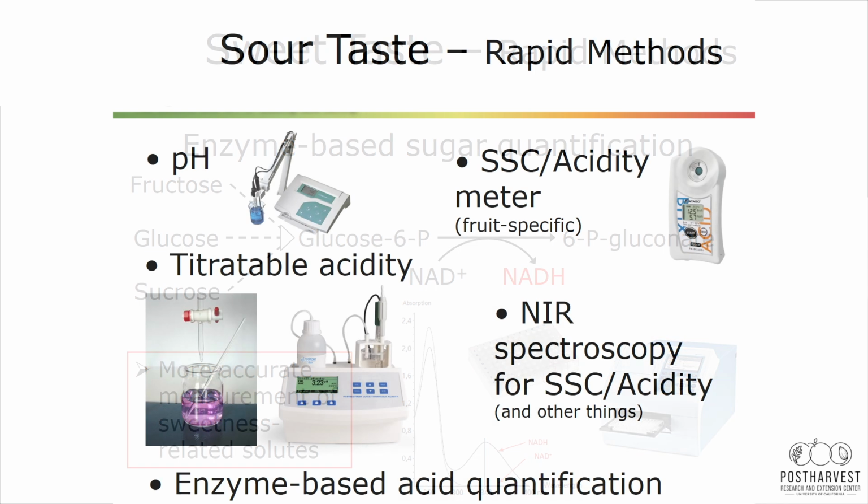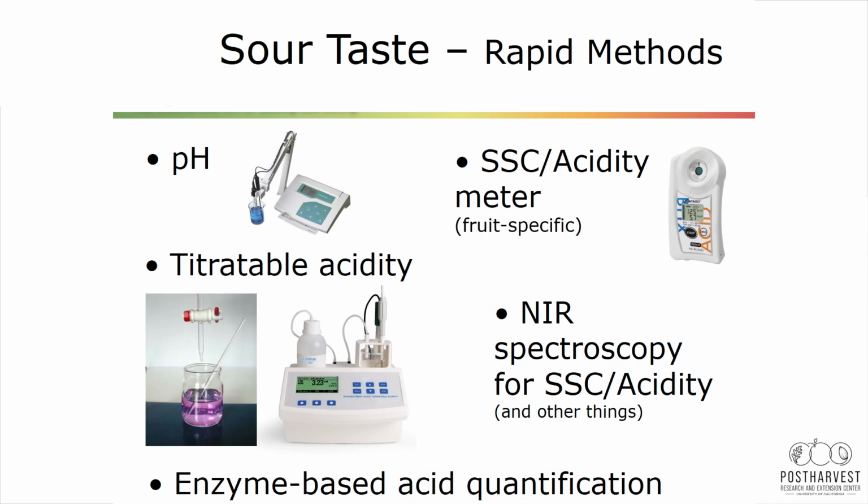Okay, so sour taste, we have pretty good methods, I would say, for acidity. Titration is one. pH we don't use because it's not as well correlated to our perception of acidity as titration might be. And there are pretty good automatic titration systems that work like a refractometer. Of course, they don't measure the same thing at all. They measure conductivity, and they are fruit specific.